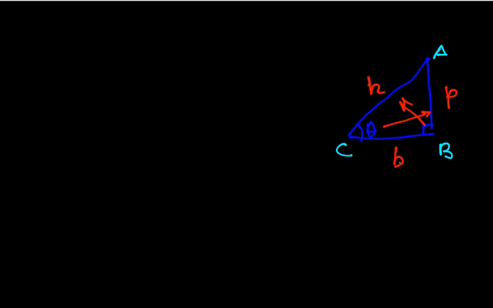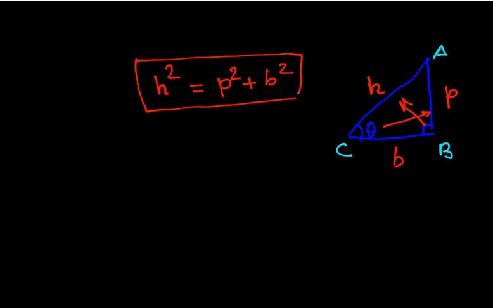Now according to Pythagoras theorem, the square of hypotenuse, that is h square, is equal to the sum of squares of the other two sides. So h square is equal to p square plus b square. It is as simple as that, isn't it?